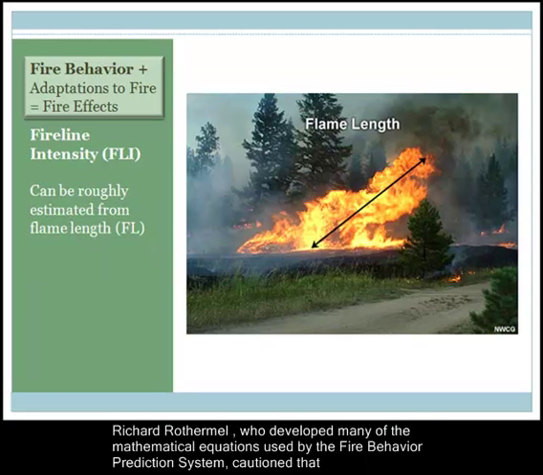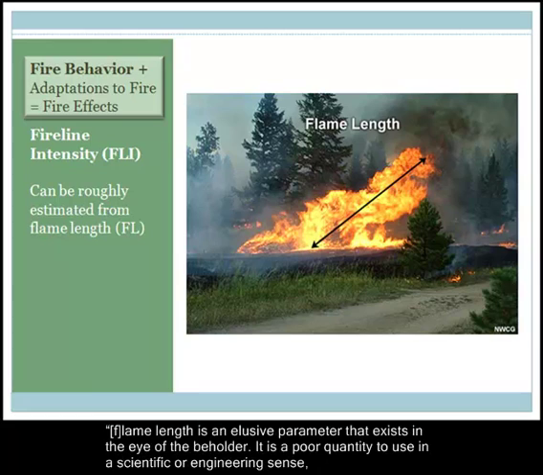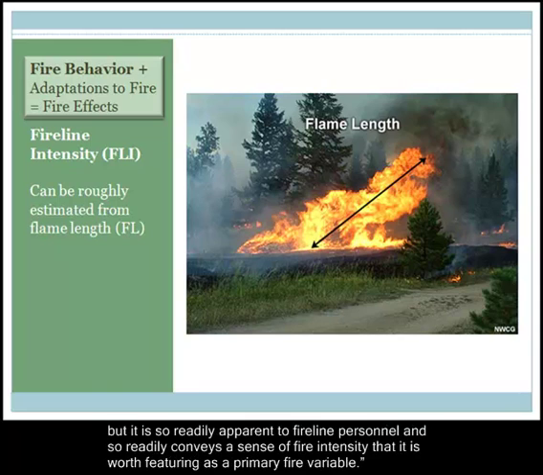But in the field, a more common method of estimating fire line intensity, and therefore temperature, is to use flame length. Richard Rothermel, who developed many of the mathematical equations used by the Fire Behavior Prediction System, cautioned that flame length is an elusive parameter that exists in the eye of the beholder. It is a poor quantity to use in a scientific or engineering sense, but it is so readily apparent to fire line personnel and so readily conveys a sense of fire intensity that it is worth featuring as a primary fire variable.